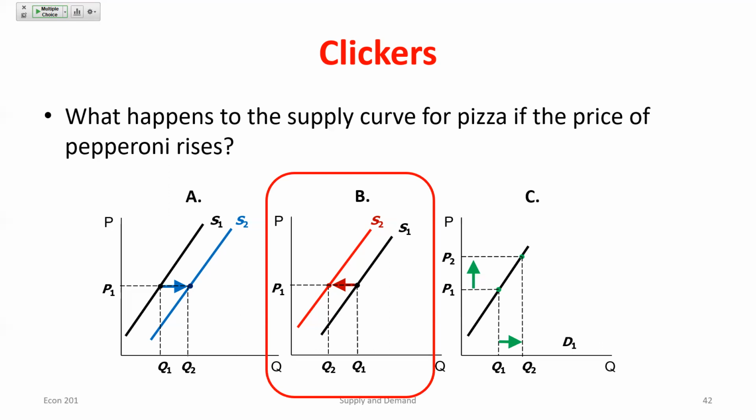Whatever quantity I want to look at, it now costs me more to provide that same quantity. If I want to make the same number of pizzas with pepperoni on them, it now costs me a little bit more to make that same number of pizzas. So my costs are going to be higher, and it doesn't matter what quantity I'm producing, my costs would be higher at every single quantity. So I'm going to see this decrease in supply, or this leftward shift.